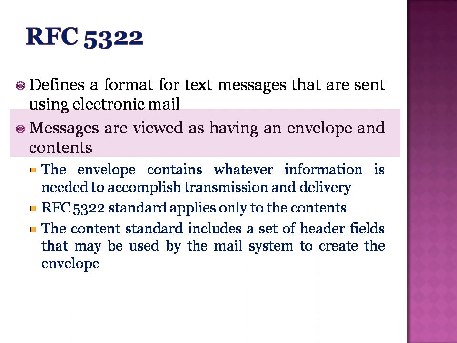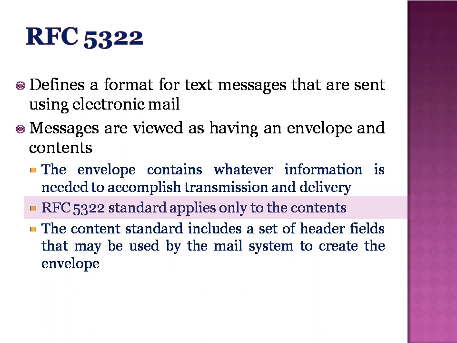They are envelope and content, where the envelope contains whatever information is needed to accomplish transmission and delivery, like the address of the sender and so on. And the contents compose the object to be delivered to the recipient, which is nothing but the body of the email. In addition, RFC 5322 applies only to the contents and not to the envelope.